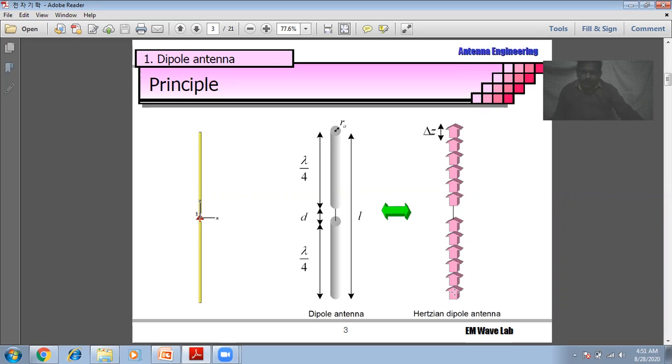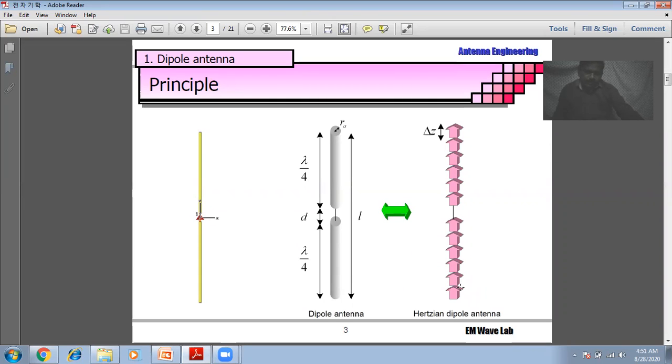It is of very small length, of the order of less than lambda by 10. In this way, these Hertzian dipoles are connected end to end, and these will form the antenna like this.